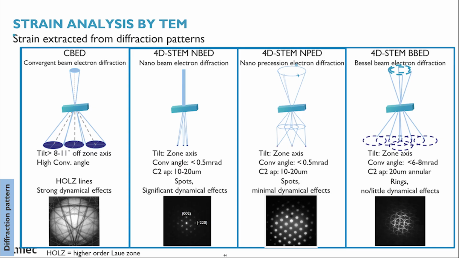In the case of nanobeam diffraction, we use an almost parallel beam, and this beam can be precessed in the case of precession electron diffraction. And in the case of bessel beam diffraction, we use an annular condenser aperture, and our diffraction pattern will be given by rings instead of spots.